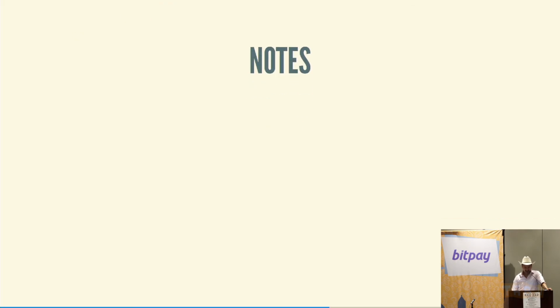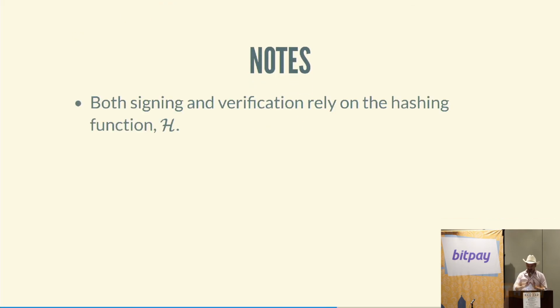So the key thing here is that both the signing and verification rely on that cryptographically secure hash function H instead of division. Like in ECDSA, you need a very expensive operation in order to do it. This just requires a hashing function, which is a lot less expensive for a CPU.